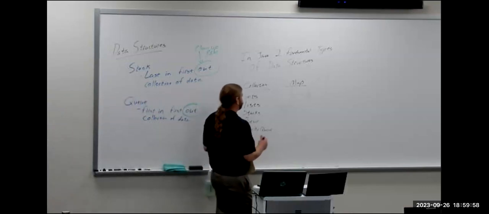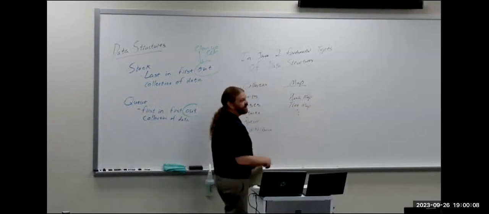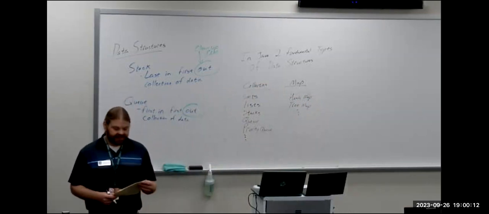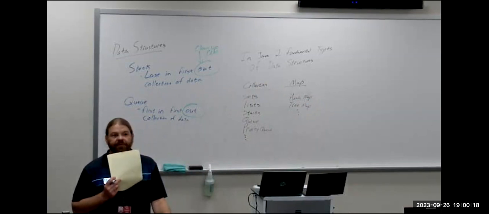Maps, we have HashMaps, TreeMaps, a whole bunch of them. They all have Map in the name. We won't see very many maps. We'll see a couple. You've encountered one type of map, of course. Everybody's favorite, the dictionary.